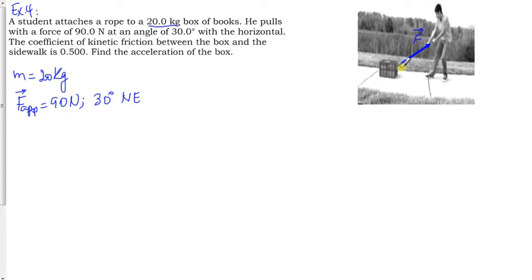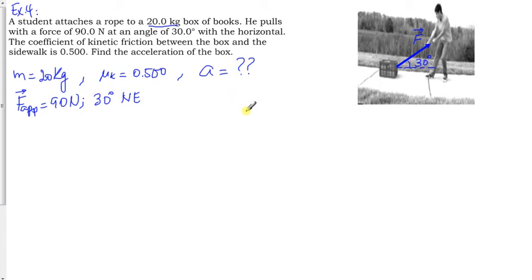This is the horizontal, this angle is 30 degrees. The coefficient of kinetic friction between the box and the sidewalk is 0.500. So mu k also is given, 0.500. Find the acceleration of the box. I have to find a, the acceleration.